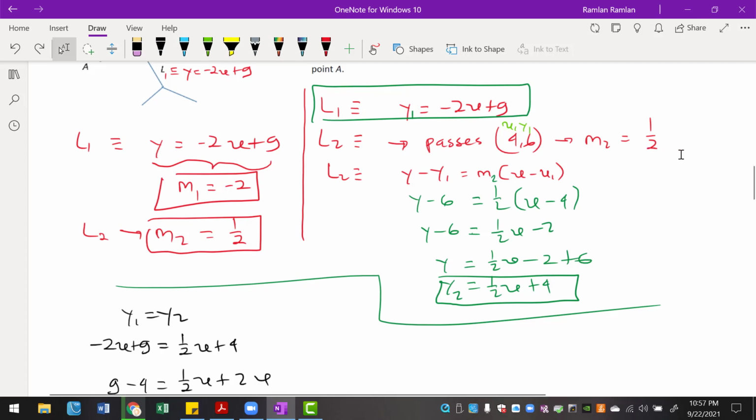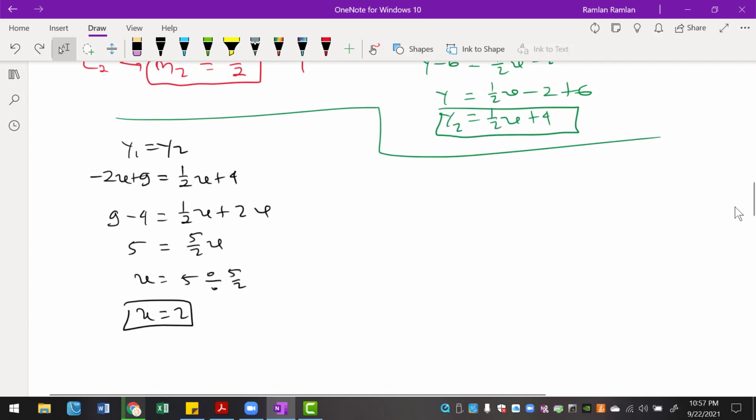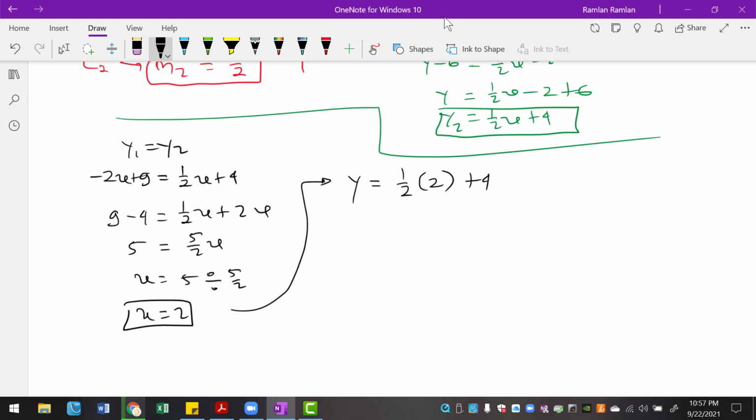So let's say I'm going to use y2. Again, guys, it doesn't matter which one you choose from the two equations. You will get the same number. So y will be equal to 1 over 2 times 2 plus 4, because we know that x is 2. Half times 2 is just 1, so y is equal to 5. Okay, so in conclusion, we have the coordinates of M as (2, 5).